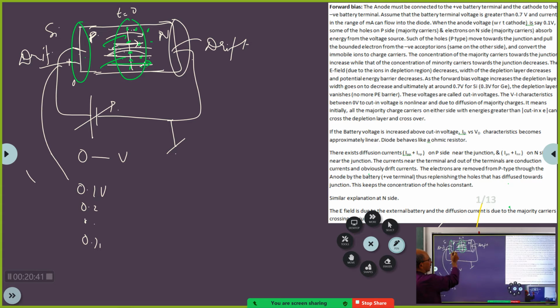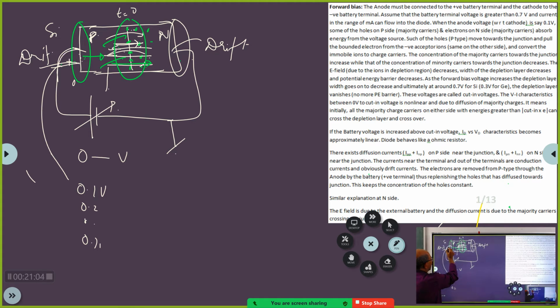So what I am trying to say is, there are two components of current here: drift current and diffusion current. When you come near the junction, it is mainly the diffusion current, but when you go near the ends, it will become drift current. Here you see holes are traveling, but you have got a conductor.